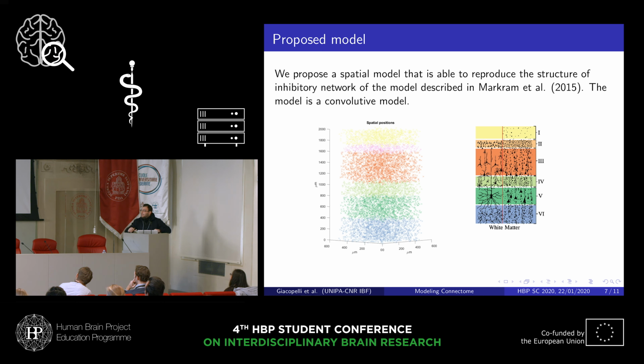So it does not give us an explanation on how the network was built. We explain this experimental finding using a convolutive model, which is a power law spatial model for the power law component, and an Erdős–Rényi graph for the exponential component.